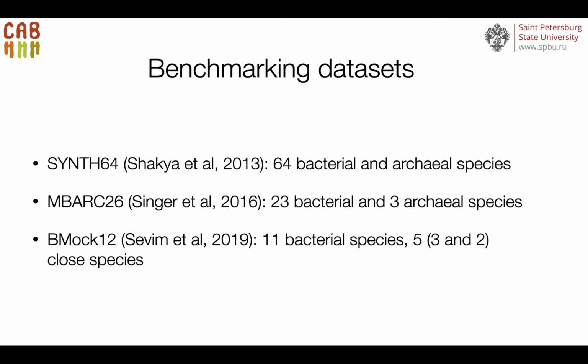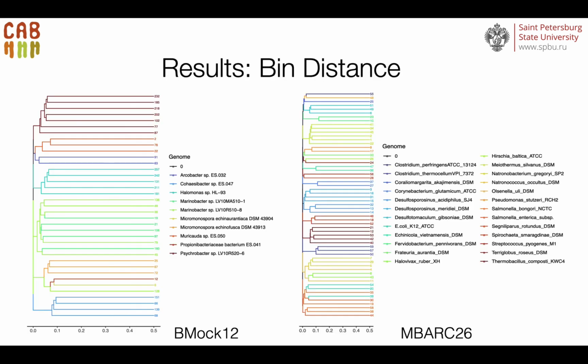Let me show some results. So I will use three quite common benchmarking metagenomic mock datasets, namely SIM containing 64 bacterial and archaeal species, EMBARK containing 23 bacterial and 3 archaeal species, and BMock containing just 11 bacterial species, but 5 of them are closely related, like 3 and 2 strains correspondingly.